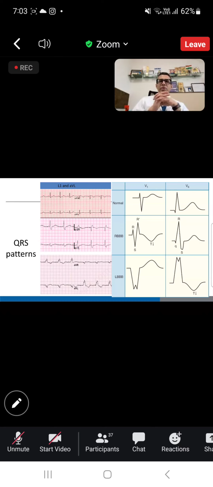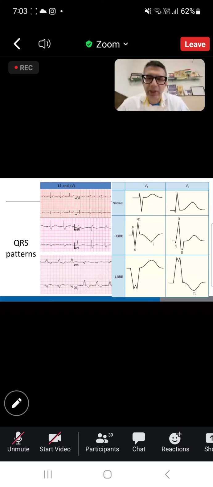Now, the diagnosis of bundle branch block on the ECG fundamentally depends upon pattern recognition. So, what happens at the cellular level and what happens at the bundle level in the heart is another aspect of it. But you need not worry about that as far as interpretation of the ECG is concerned. So, how do you interpret the ECG?